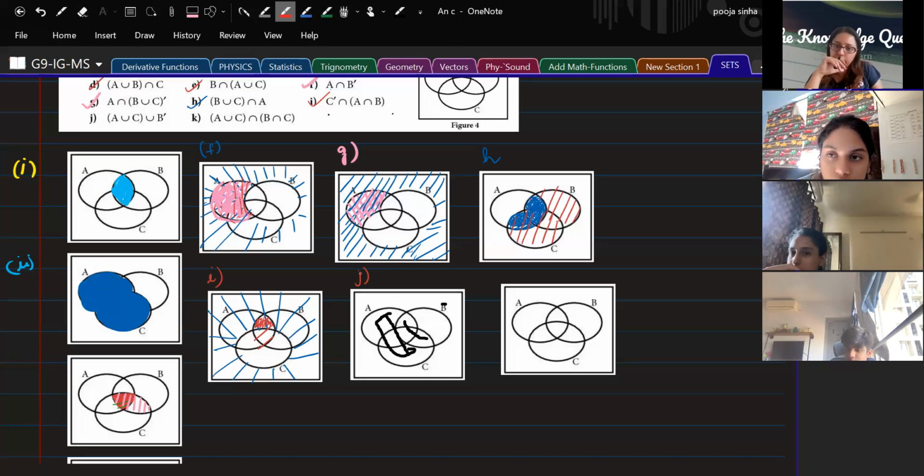A union C is everything. Yes. Okay. Then you do what is B complement. And then you tell me what is the intersection between the two. First tell me what B complement will be. B complement is without B, right? Mark it in a different color. B complement would be this.